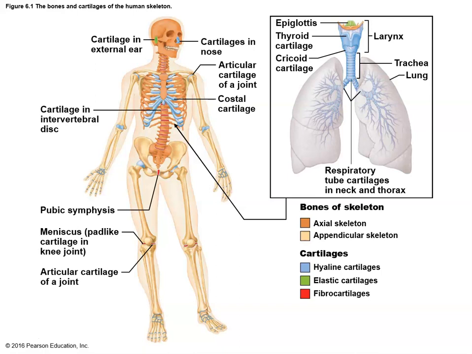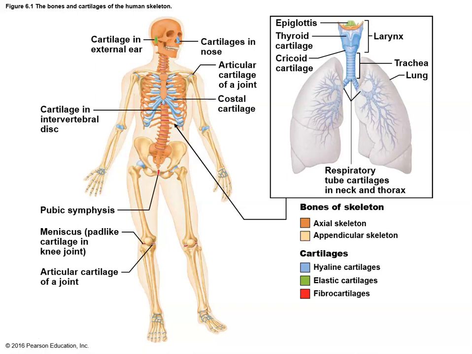If we look at elastic cartilage, there's only a couple of places we really find that, and one is the ear. So your flexible outer ear is elastic cartilage, so it's sturdy, and all these cartilages are sturdy, but it's also flexible enough that it maintains shape while allowing flexing. The other place we're going to find elastic cartilage is the epiglottis.